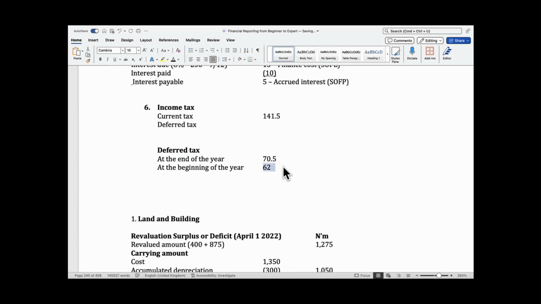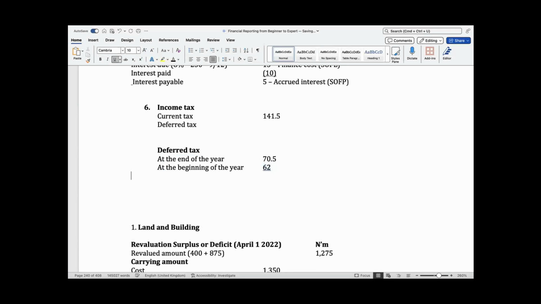Okay, so my deferred tax estimate has increased from the beginning. The increase in deferred tax is by how much? Is it 8.5? Yes.